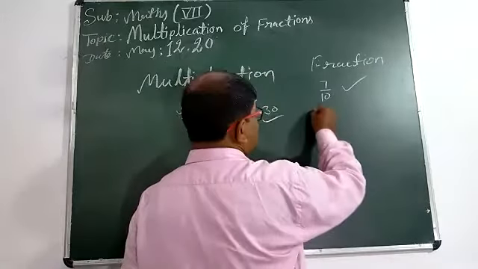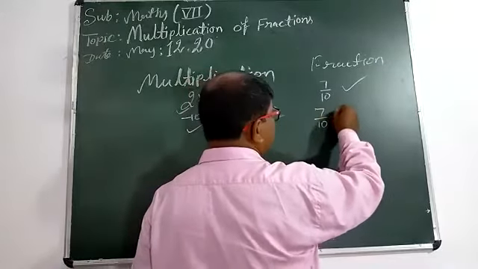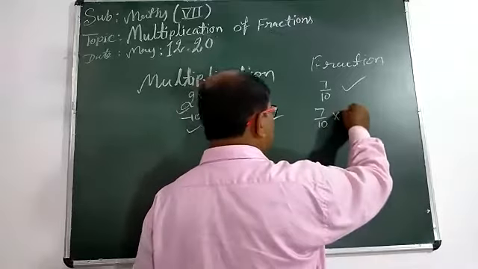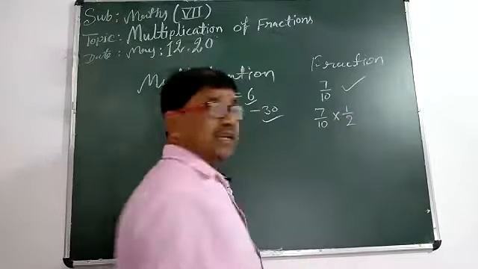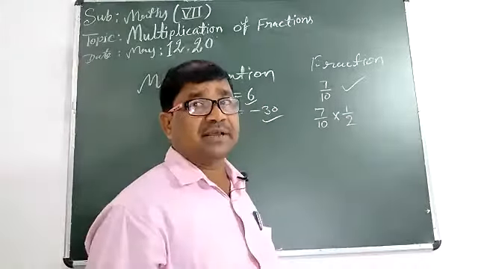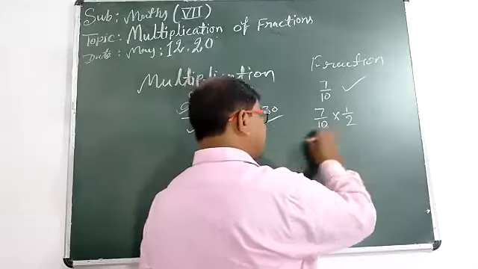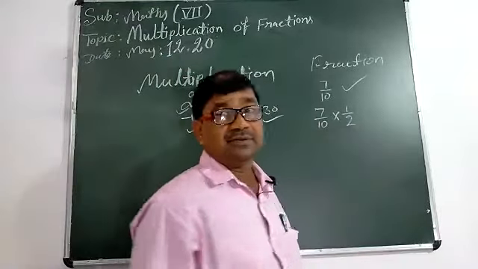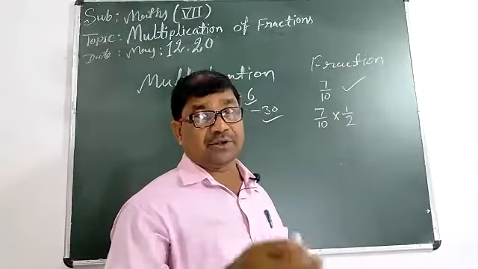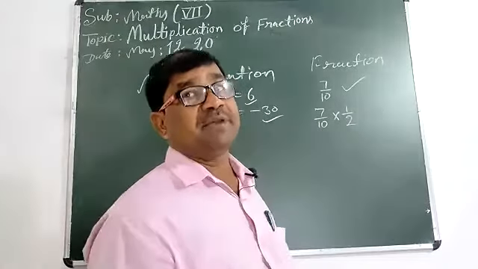If you are writing 7 upon 10 multiply 1 upon 2, it means you are writing a double fraction here, first and second. They are called multiplicand and multiplier.